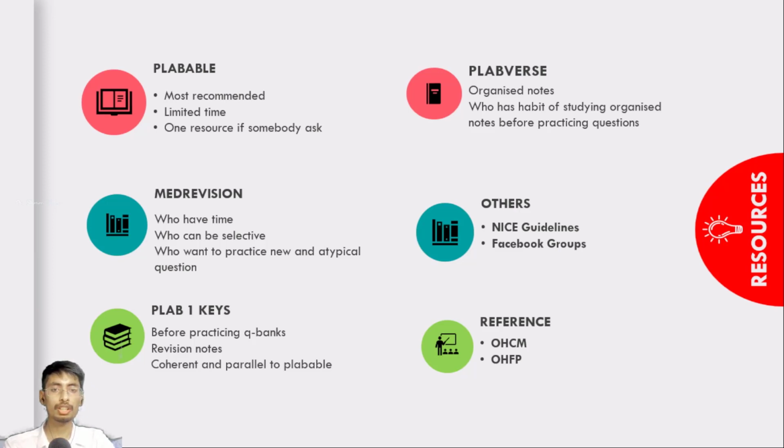You can use the Oxford Handbook of Clinical Medicine, as well as the Oxford Handbook for the Foundation Programme, as a study reference. If you have difficulty studying from your selected resources, then you can go for these two for reference.